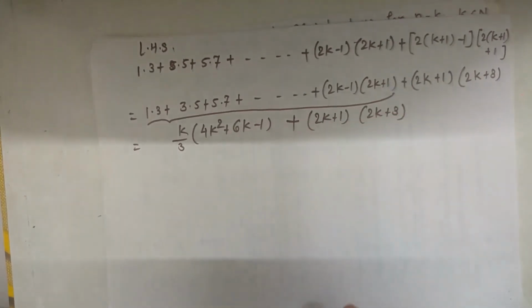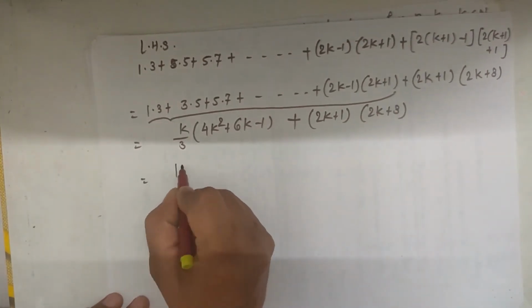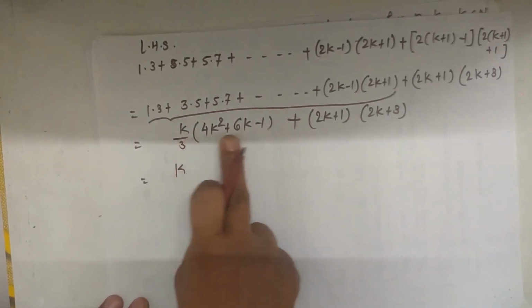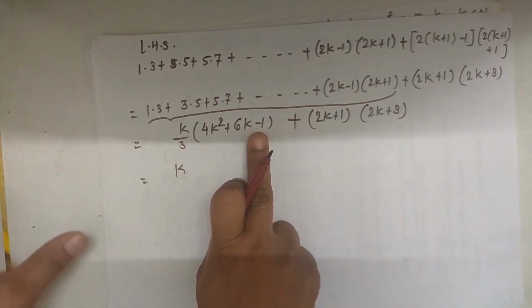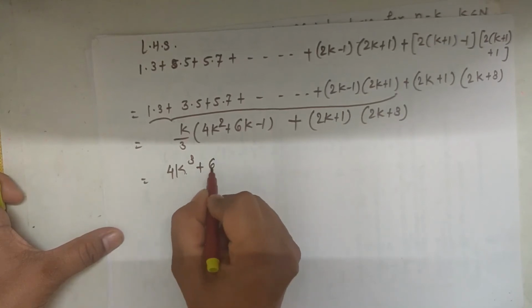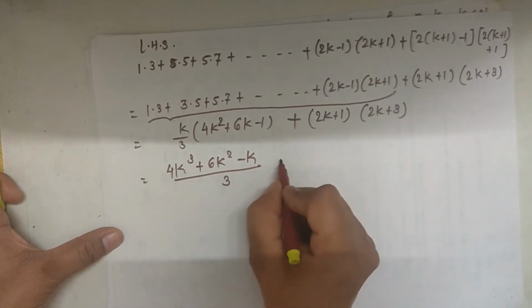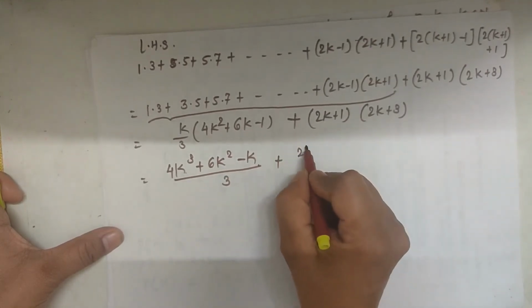Now simplifying these terms, multiplying k to each term in this bracket, we get 4k cube plus 6k square minus k, by 3, plus 2k plus 1 into 2k plus 3.